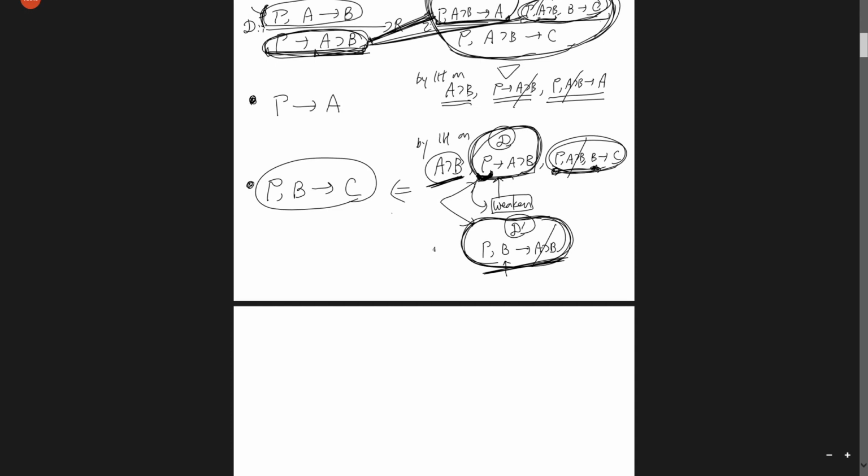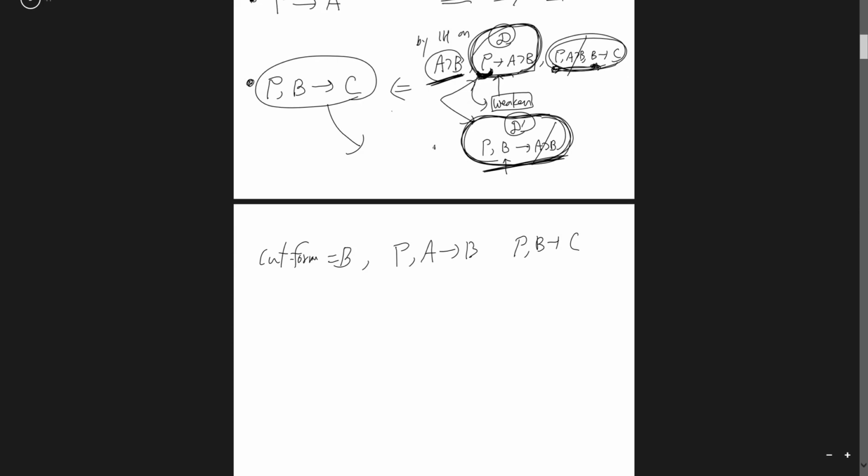So what we want to do is take this one, gamma A arrow B, and take this one, gamma B arrow C, and this time the cut formula is B. Now this cut formula B is a subformula of the original cut formula A implies B. So the structure of this proof and this proof doesn't matter because the cut formula B is strictly smaller.